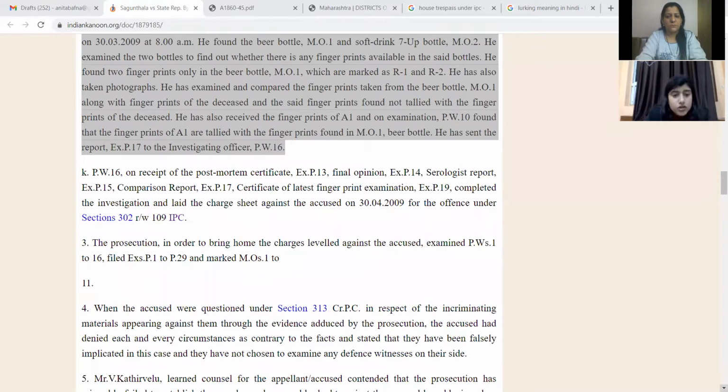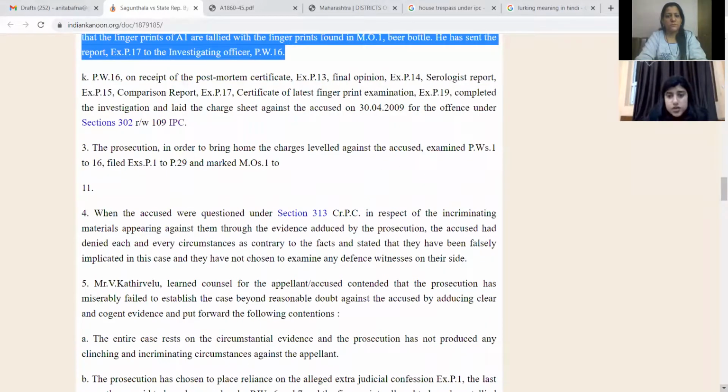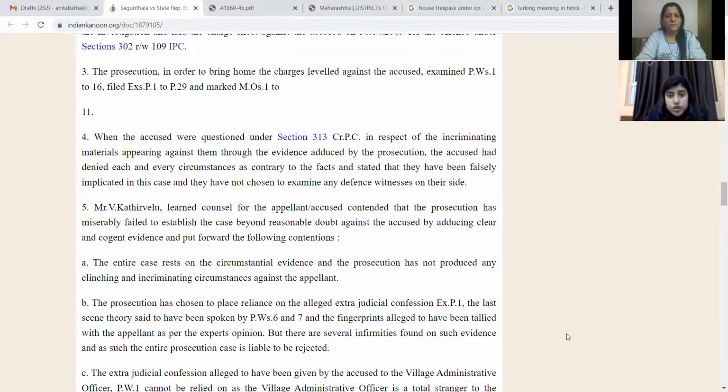The prosecution, in order to bring home the charges framed against the accused, examined prosecution witnesses 1 to 16, filed Exhibits P1 to P29, and marked MOs 1 to 11.